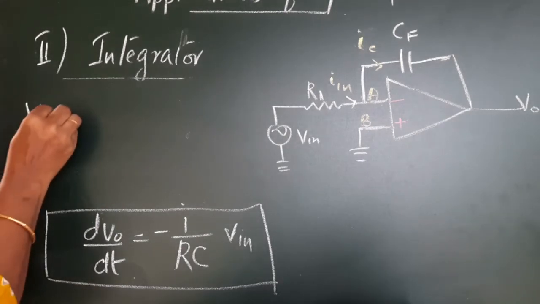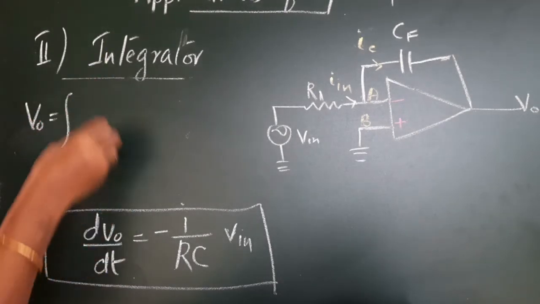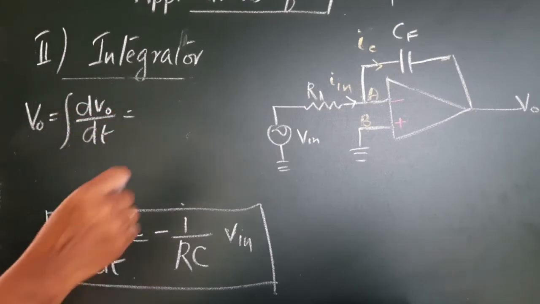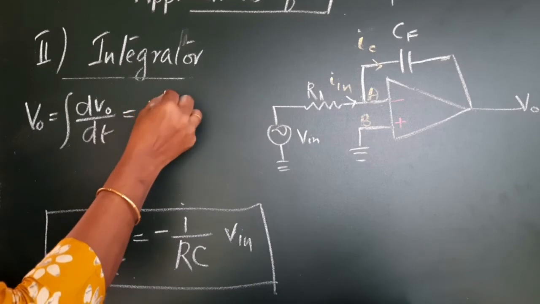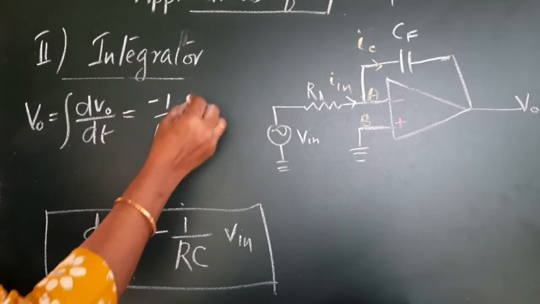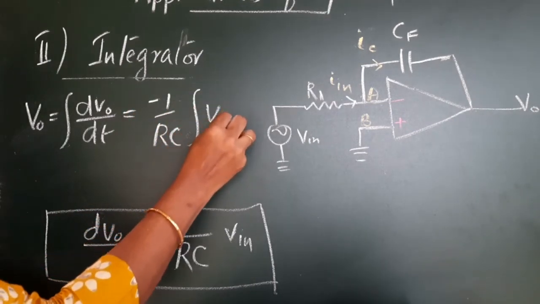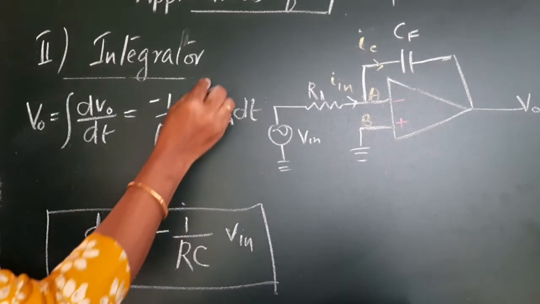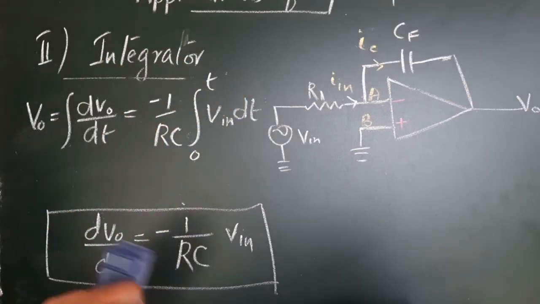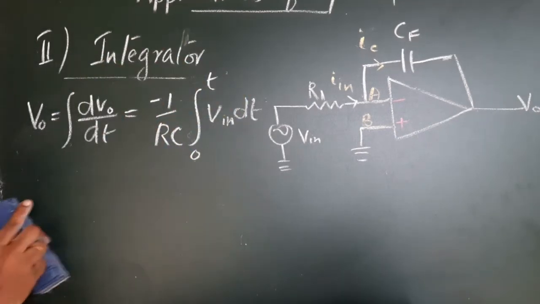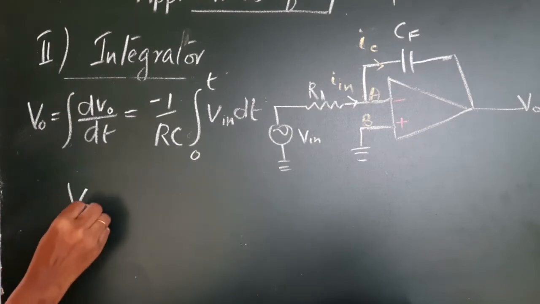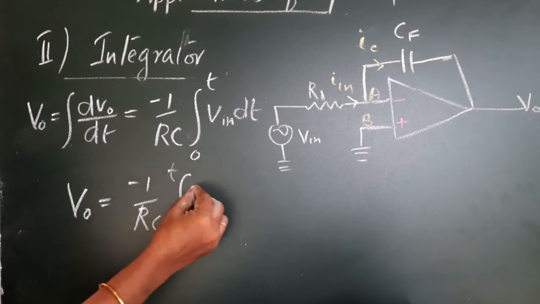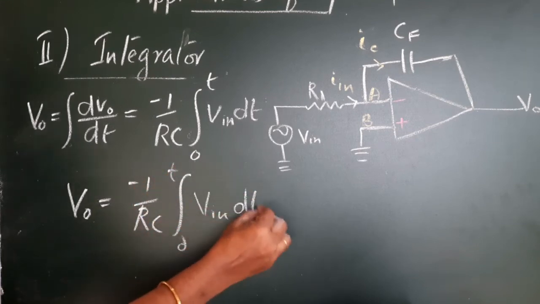So V out is equal to the integral of dV0 by dt, and that will be equal to minus 1 by RC integral of Vin dt, the limit being 0 to t. So finally the output voltage V out is equal to minus 1 by RC integral 0 to t Vin dt.